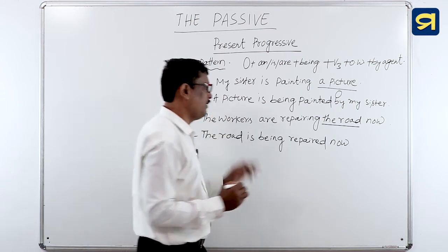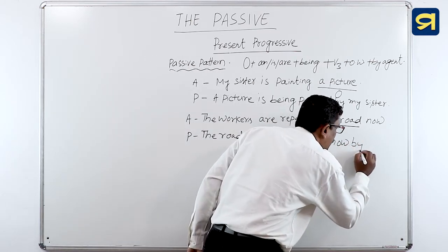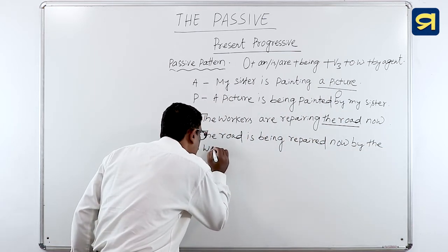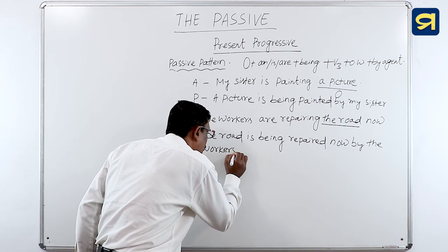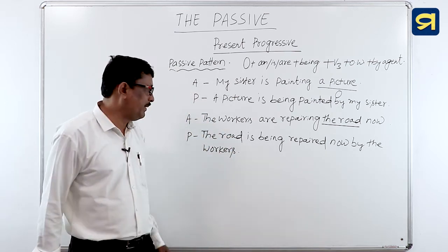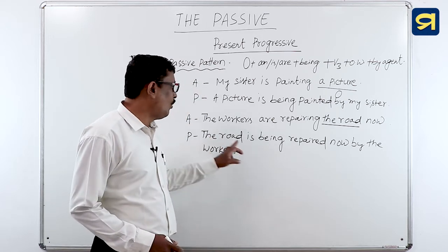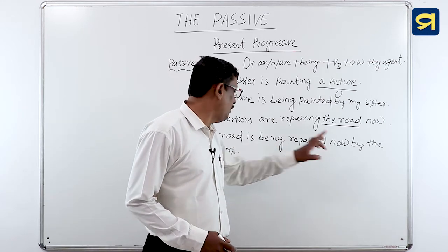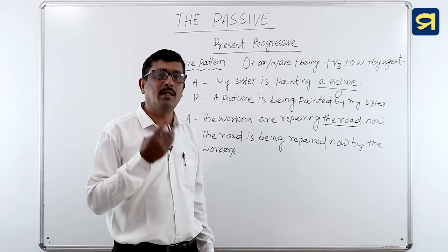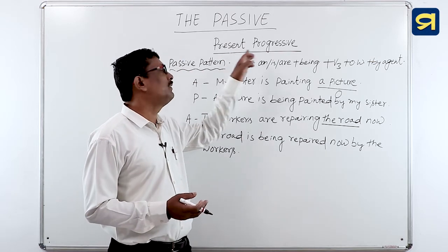Very good. The workers. And now the passive sentence is, the road is being repaired now by the workers. In this manner, we can change the voice of the tense present progressive.